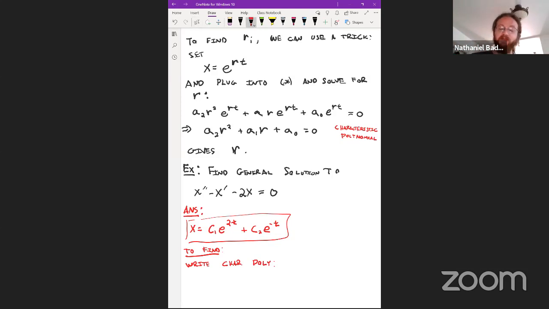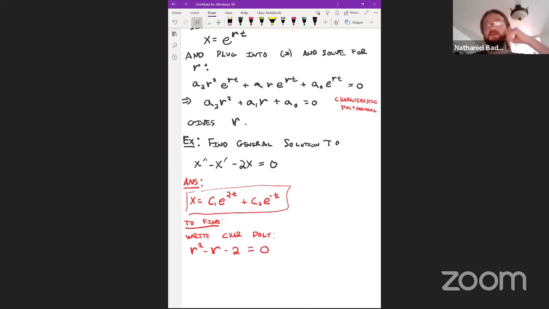So we just replace each order of derivative with a copy of r to that power. So the characteristic polynomial in this case is going to be r squared minus r minus 2 equals 0, where of course x is the 0th derivative, so r to the 0 is just 1.